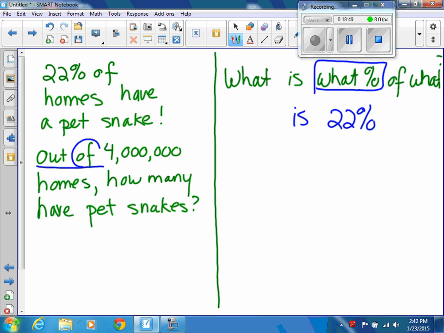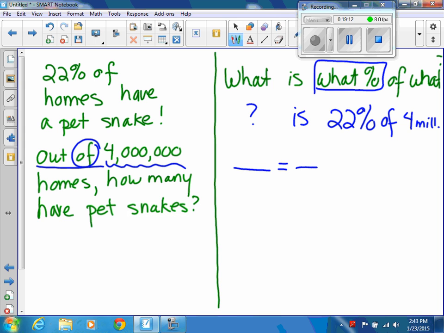So the of is kind of telling me, it's saying of the 4 million homes. So my of is 4 million. So what am I looking for? I'm looking for this part right here. What is 22% of 4 million? Try to get it into that kind of a question, and then you can work from there.